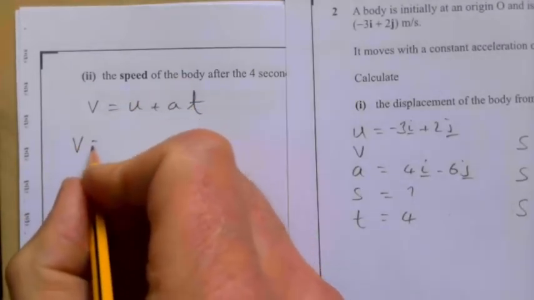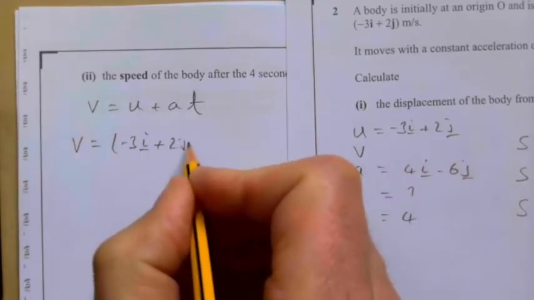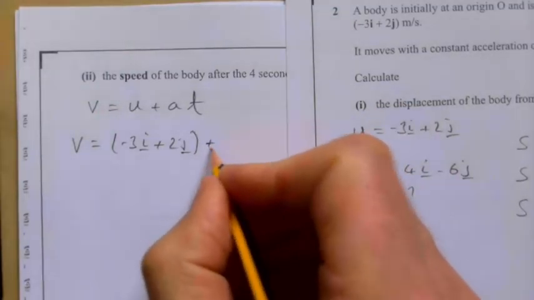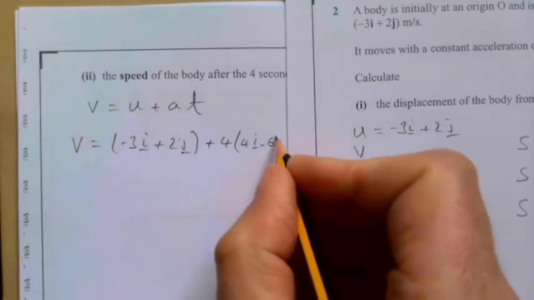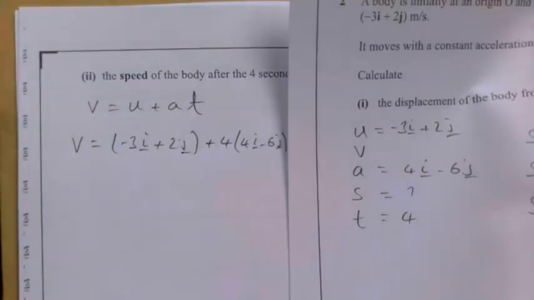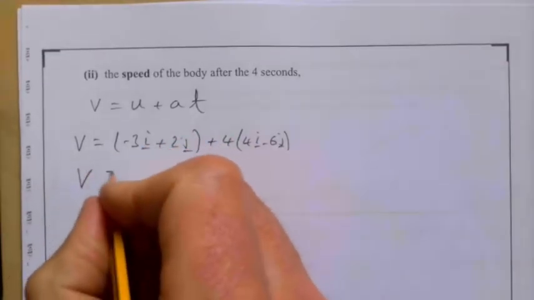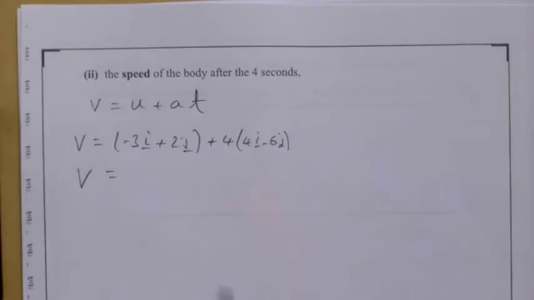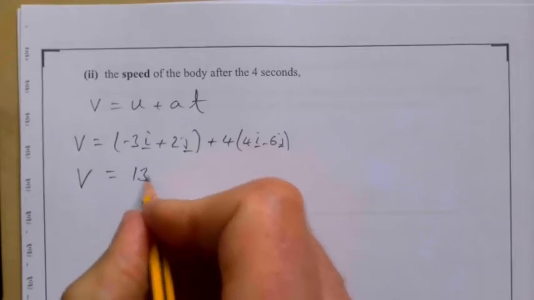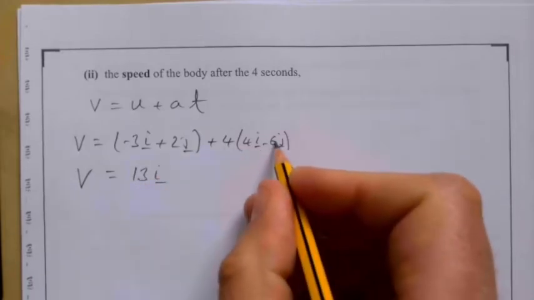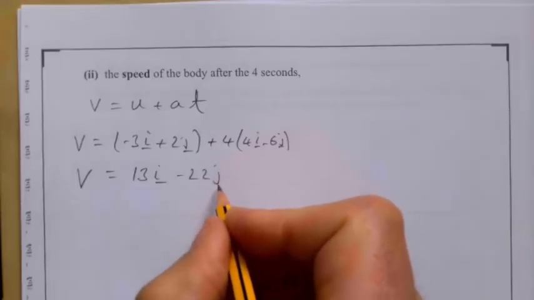So we're going to have v is the u, minus 3i plus 2j, plus 4 upon 4i minus 6j. So my velocity then is going to be 16, take away 3, so that's 13i, and then it's going to be minus 24 plus 2, so minus 22j.